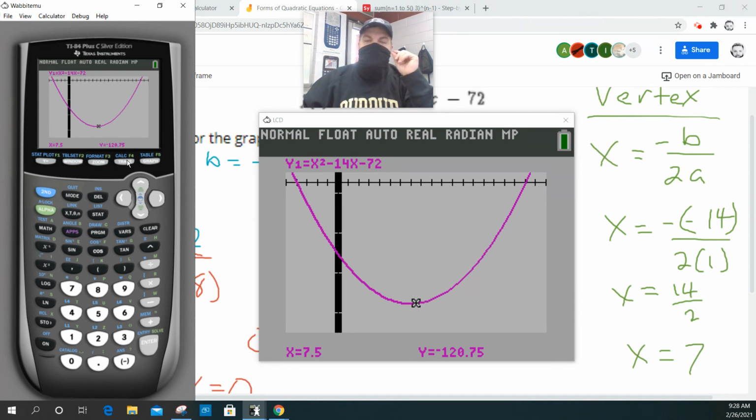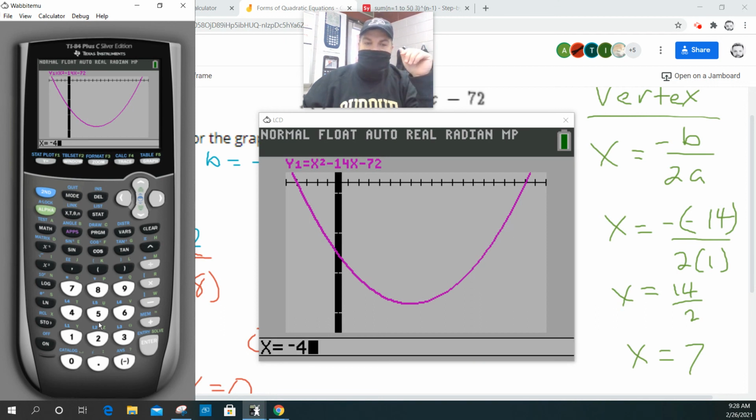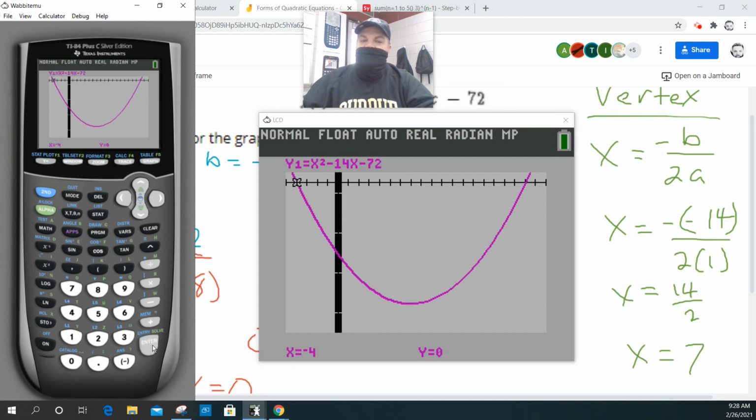So our zeros are our x-intercepts. So the first one is negative 4. So if I hit negative 4, notice that it pulls up this menu that says x equals negative 4. If I hit enter, it takes me to the point on the graph where x equals negative 4, y equals 0. Do you see that?